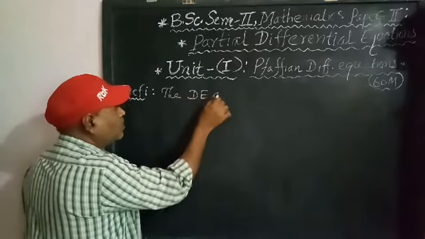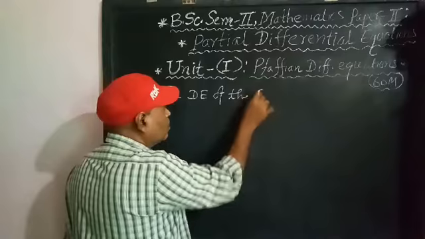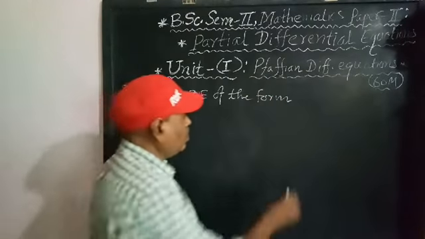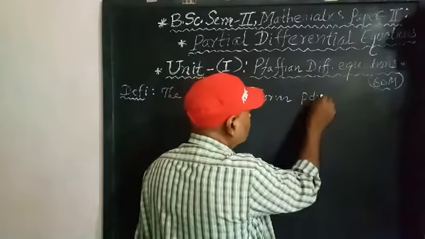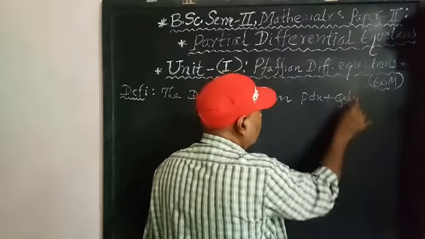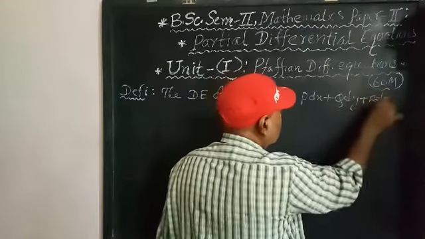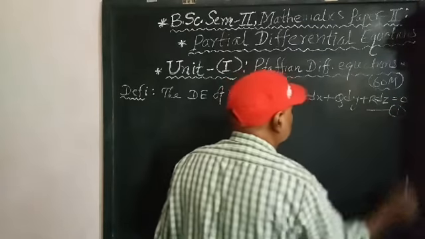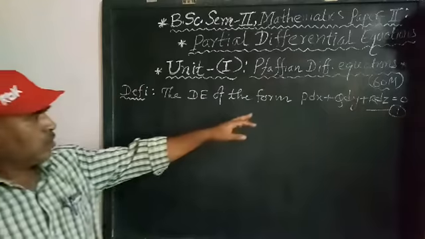The differential equation of the form P dx plus Q dy plus R dz equal to 0, equation 1.